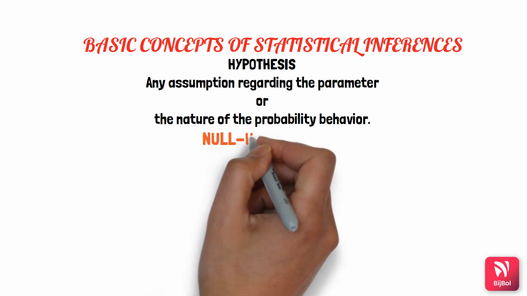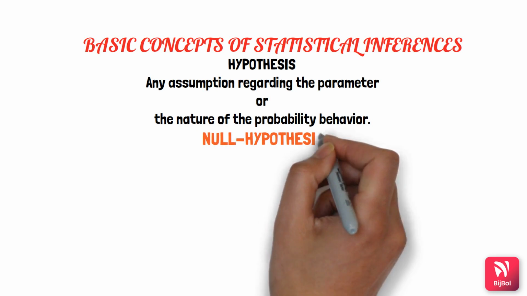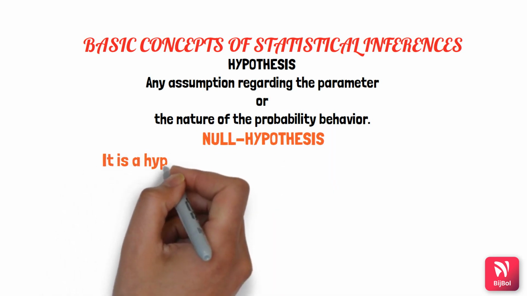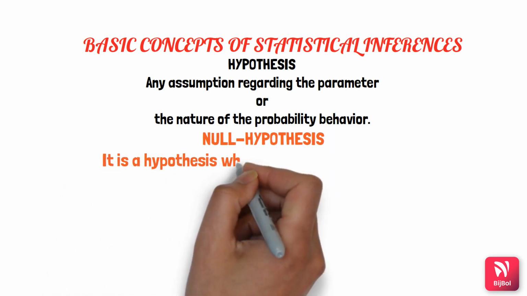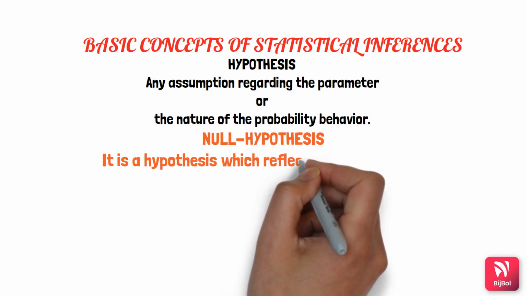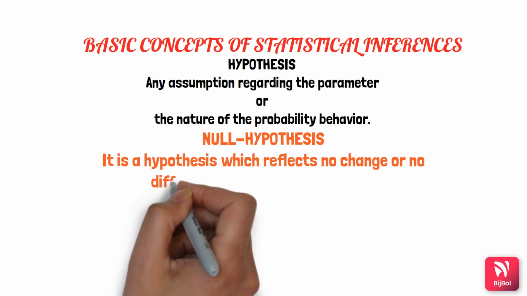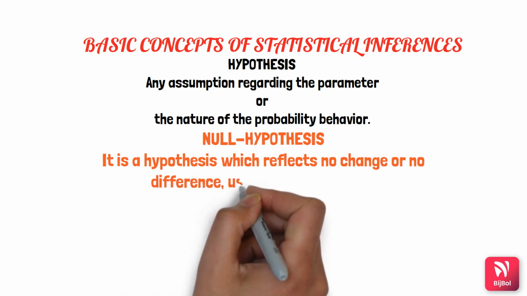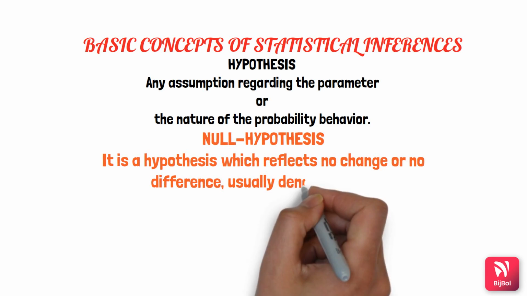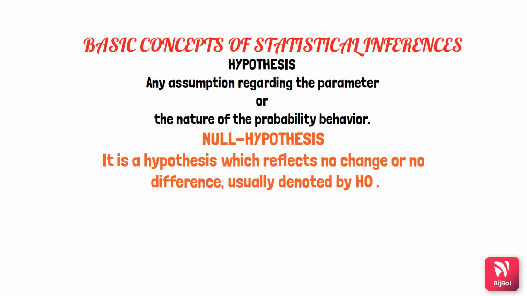Next is the null hypothesis. A null hypothesis is a hypothesis which reflects no change or no difference. That means it is an assumption that reflects no change or no difference, and it is usually denoted by H naught.